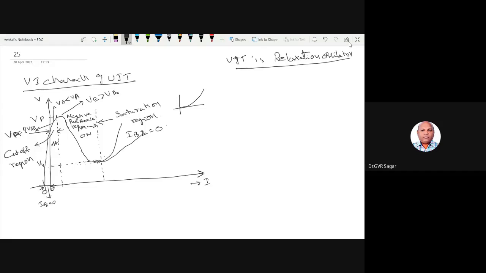Or we can say that the same cycles are repeatedly coming, right? The number of cycles in a given time is called frequency, right? Based on this oscillation.